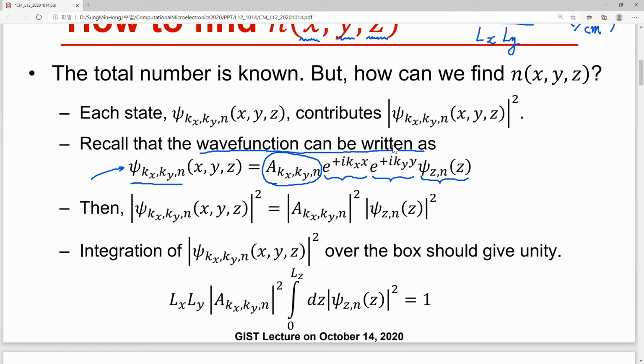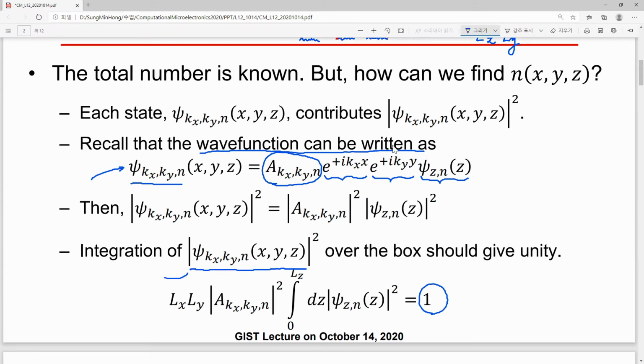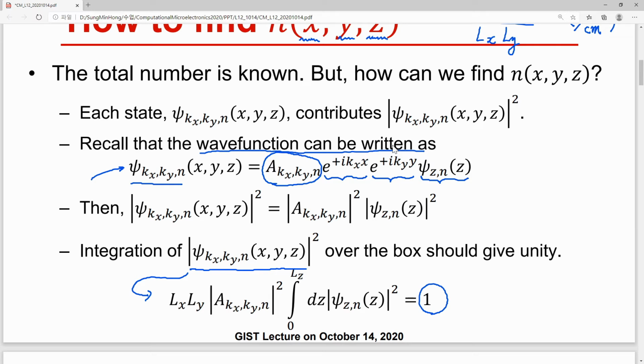In order to interpret the square of a wave function as the probability density function of an electron, we have to have a certain normalization condition. So the square of our wave function, integrated over the whole space, should be unity.